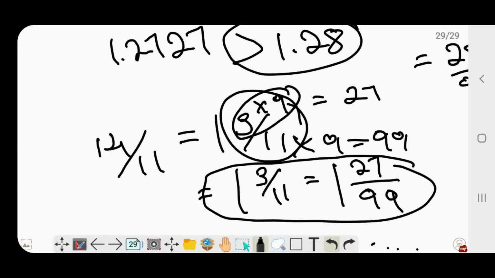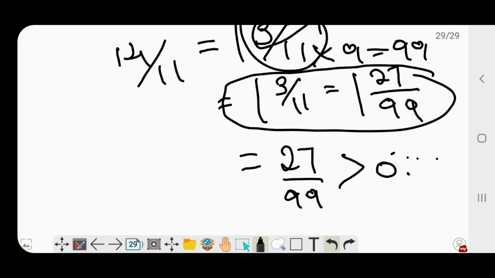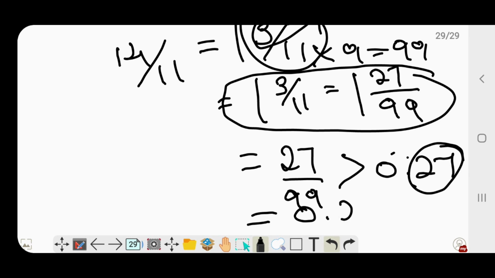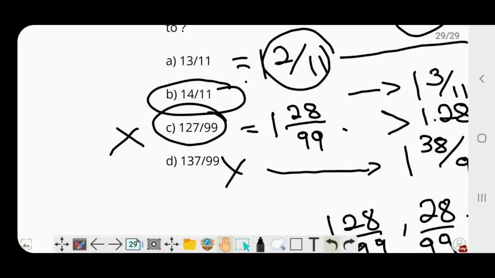Correct? I am allowed to represent it that way. So this 27 by 99 is greater than 0.27, just slightly greater than 0.27. In fact, it repeats to become 0.27, 27, 27 and so on. So what is the option number? Option B is the right answer.